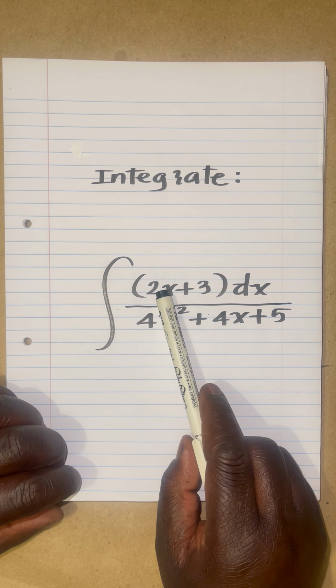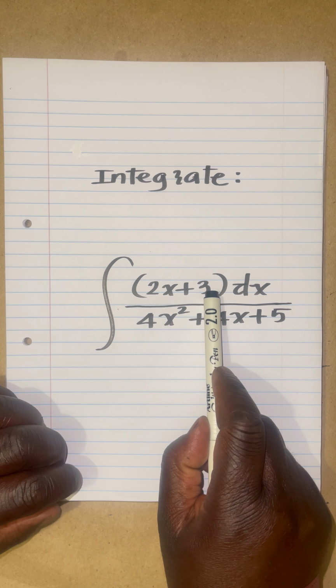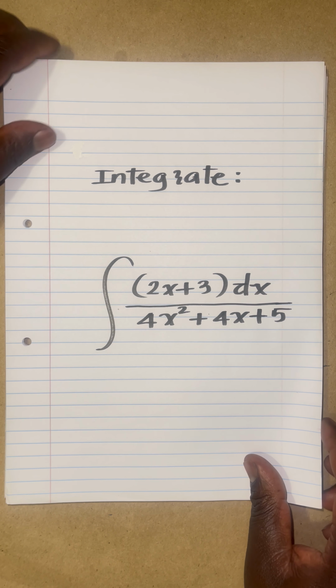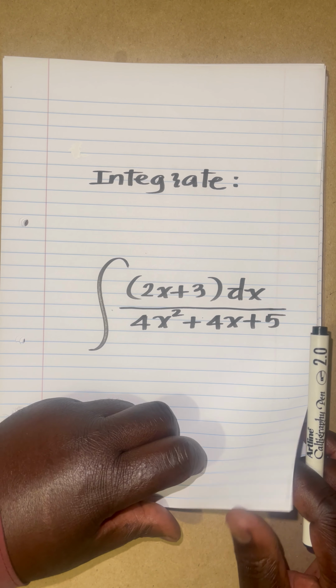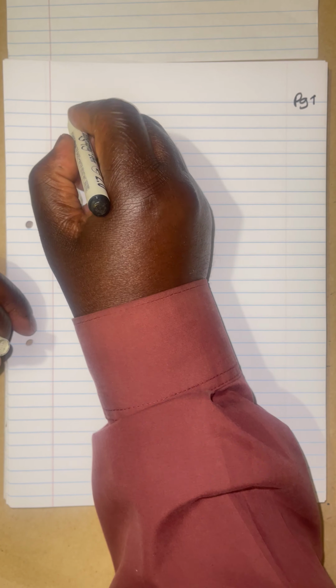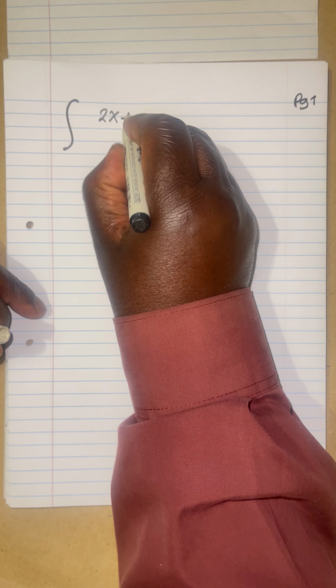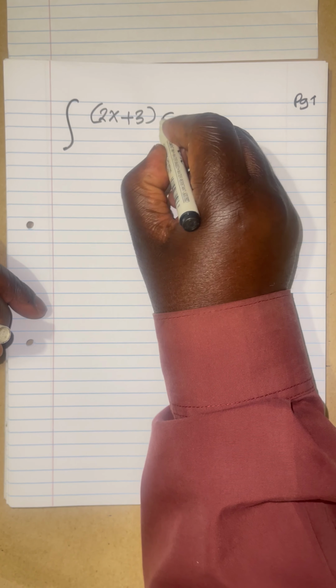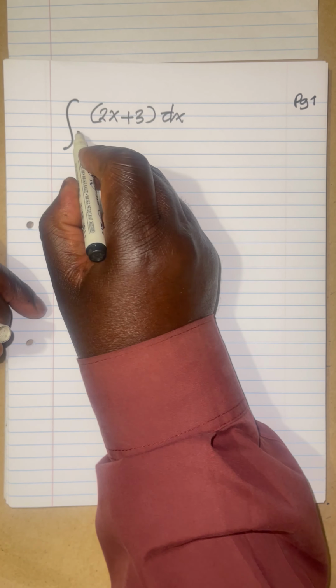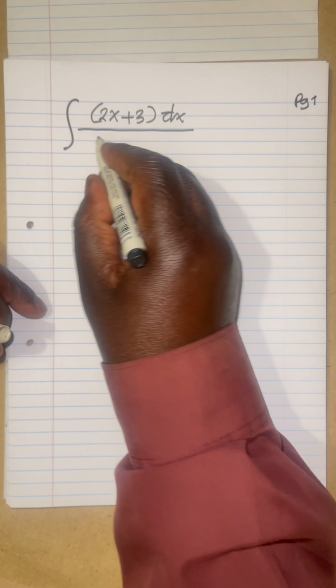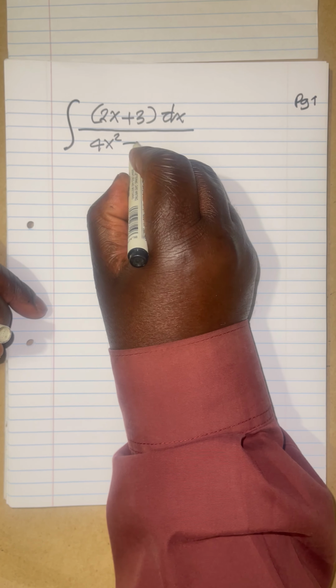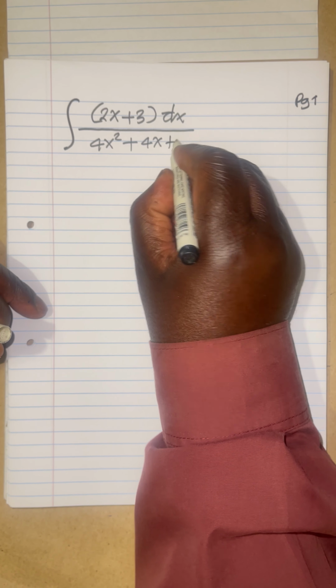But I don't want to change this, so I'm going to have to divide. I multiply by 4 in the numerator and I divide by 4 at the same time, so that we don't change the integral, as follows. So we have, page 1, the integral of (2x plus 3) dx, divided by 4x squared plus 4x plus 5.